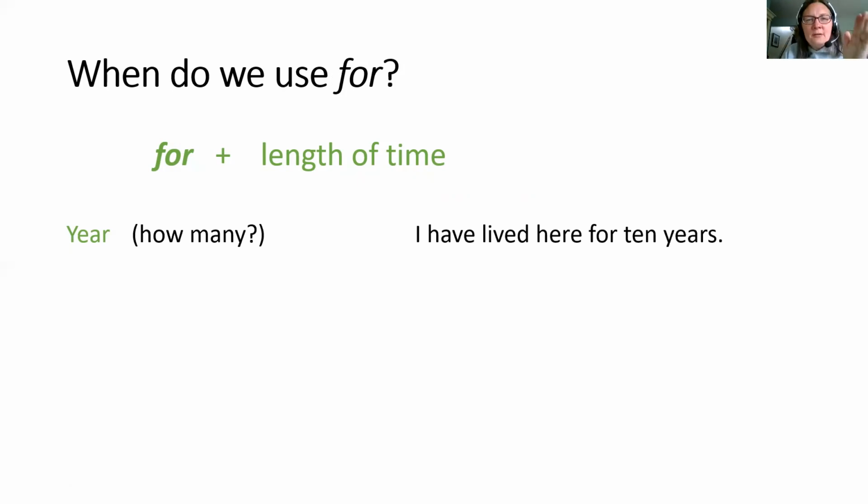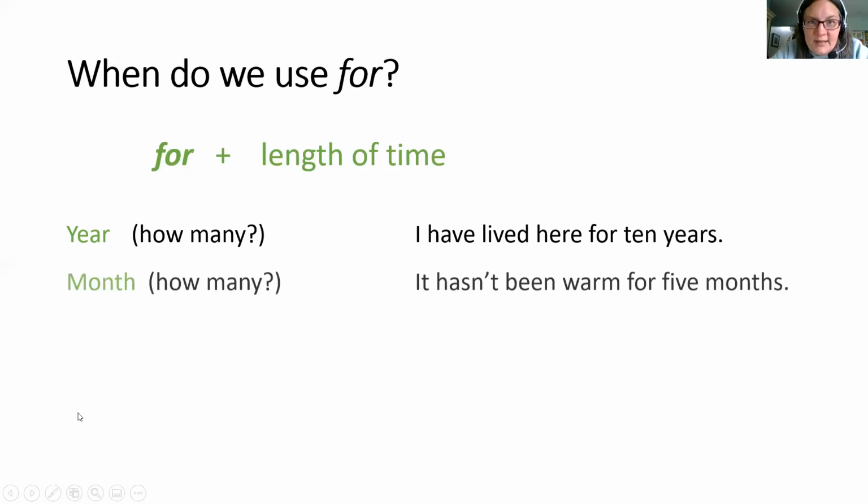Now we're talking about not when something began in the past, but we're talking about the number of years it has been that this has been occurring. For example, I have lived here for 10 years. I'm not talking about the starting point. I'm talking about the length of time that I have been living here for 10 years.